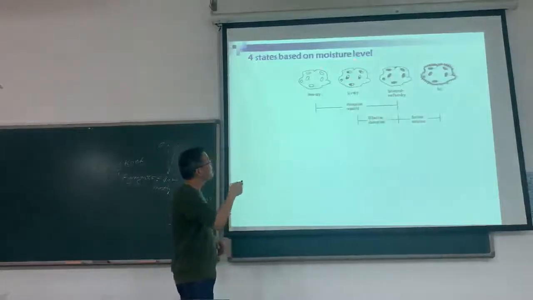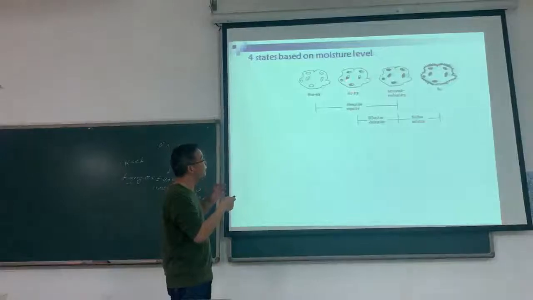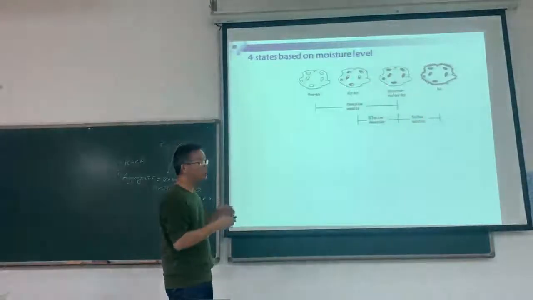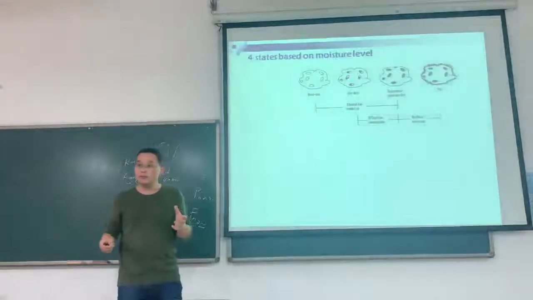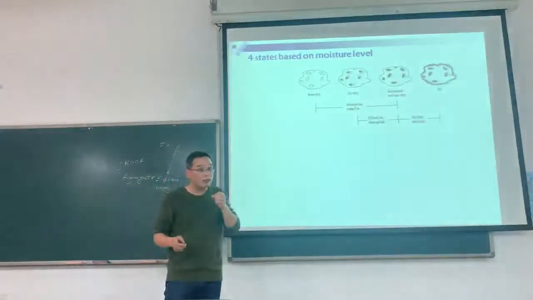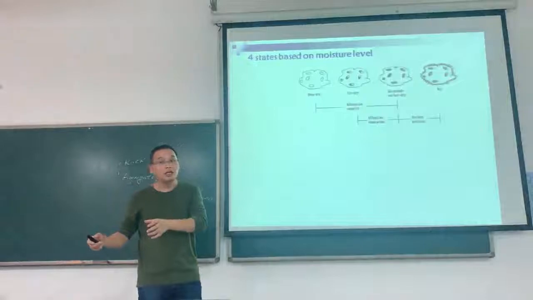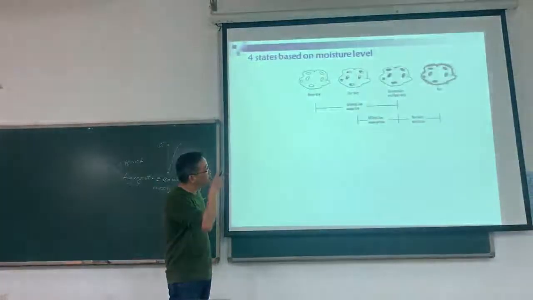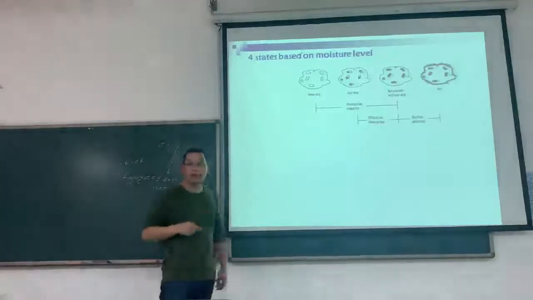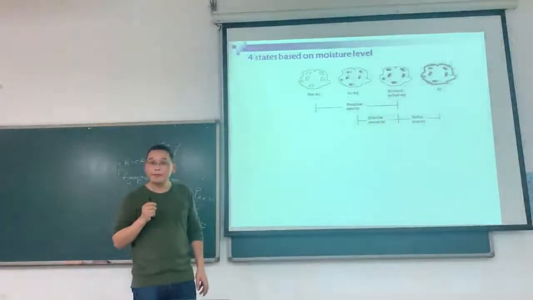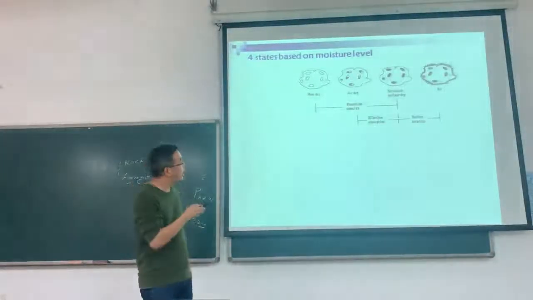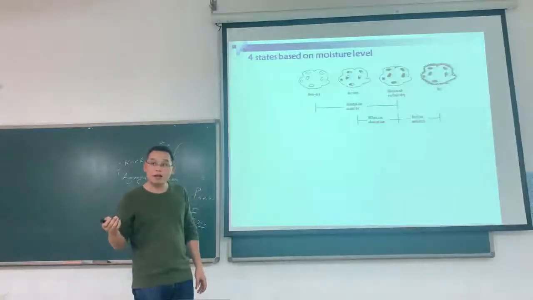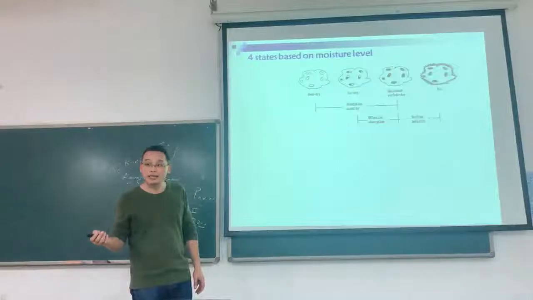So these are the four kinds of states of the aggregates based on the moisture level. I'll give you a question. For the aggregates we use in civil engineering, what kind of state or states can we often get?